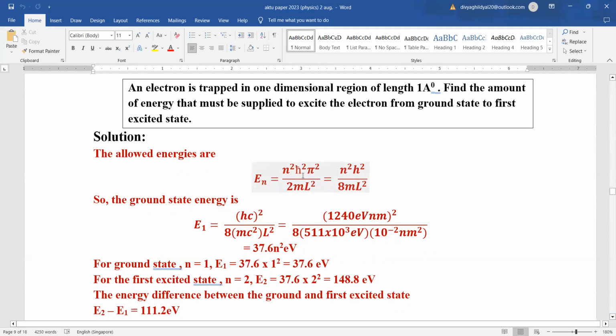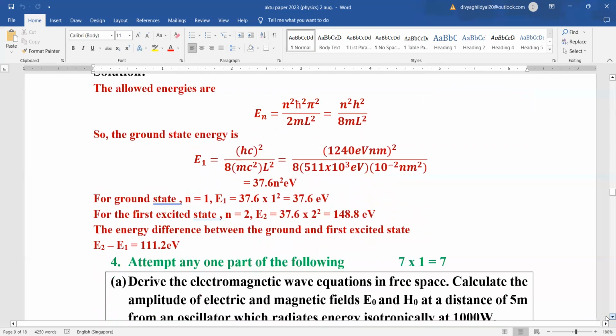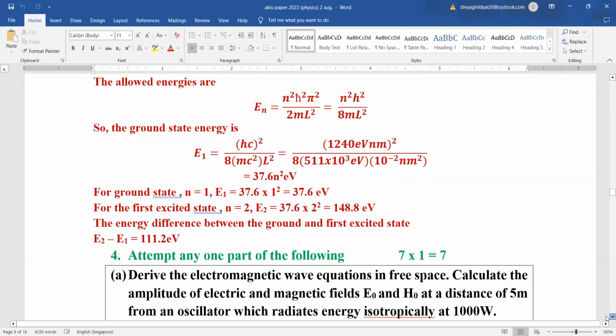Simplify this formula by putting the value of h bar equal to h upon 2 pi. Here I have introduced C up and down, so that straight away I can write the value of the energy that they are asking for. Then for the ground state, n is equal to 1, so E1 is equal to this much. For the first excited state, n is equal to 2, and then the energy difference, and we get the answer.